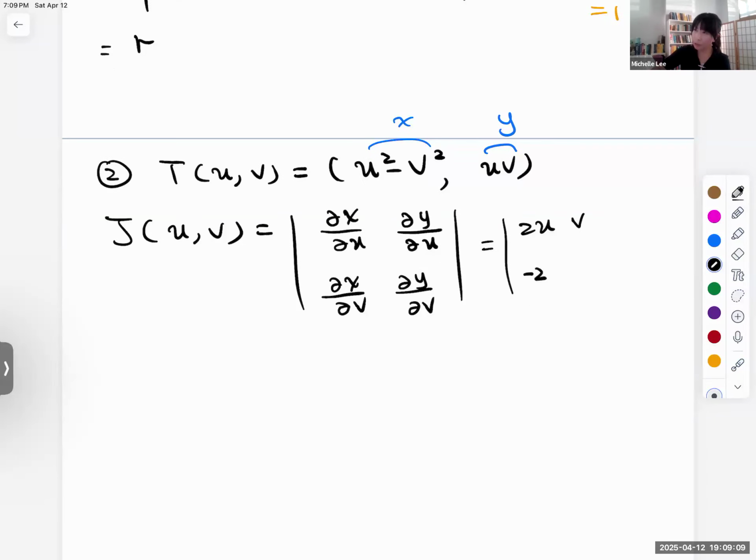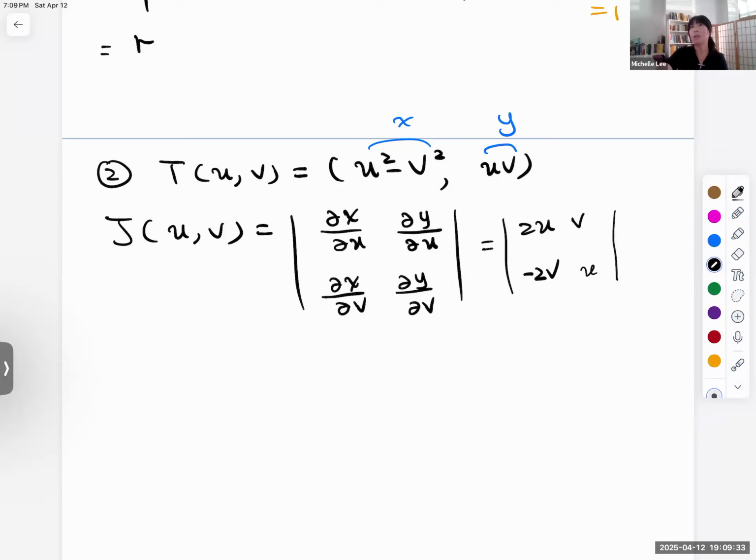So there's 2v, right? And then we're looking at this one. Derivative with respect to v, then u is constant, so we keep the constant. So we have u, right?